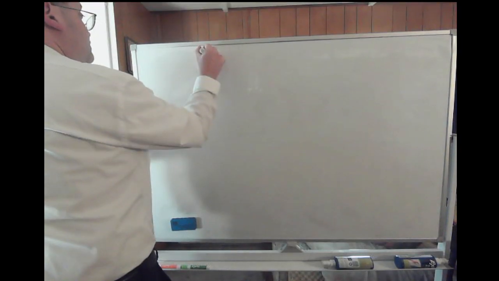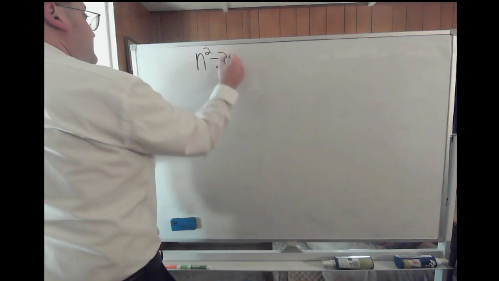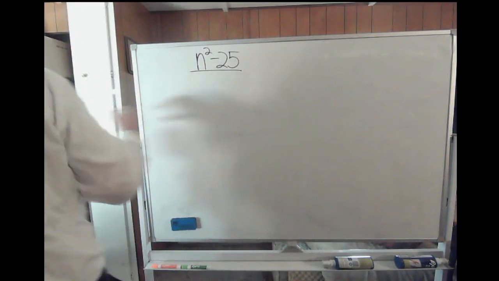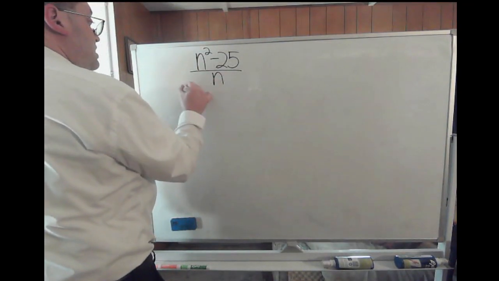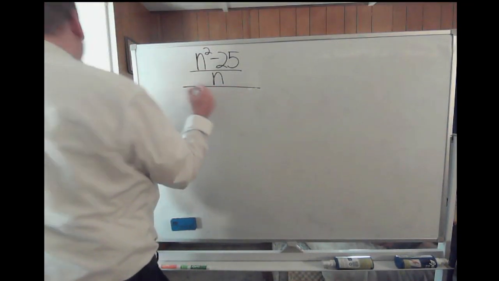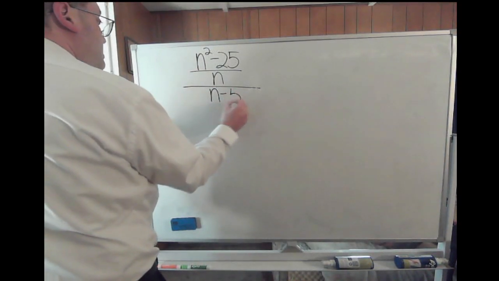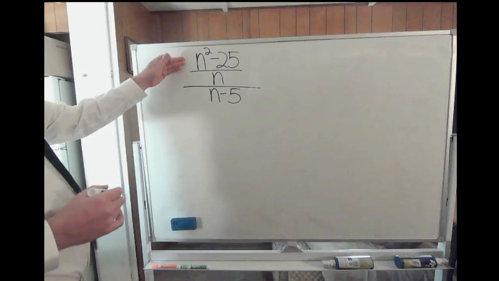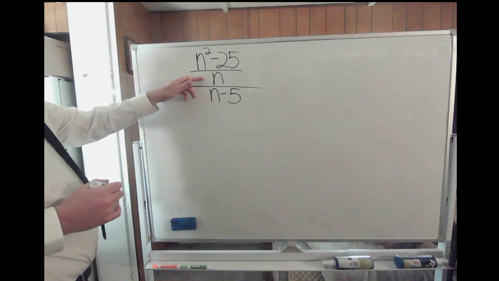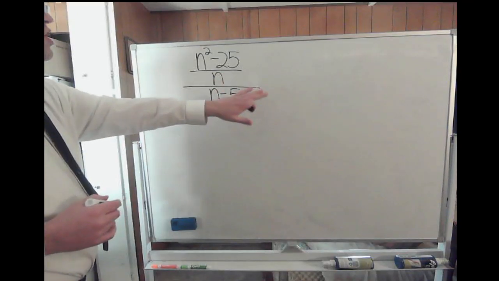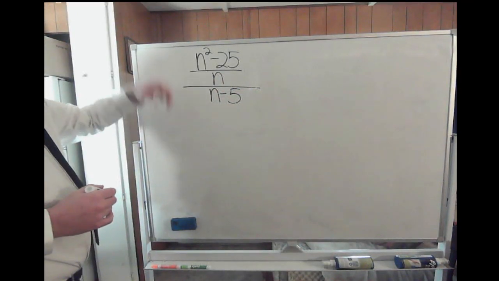Alright, we have n squared minus 25 over n, all over n minus 5.